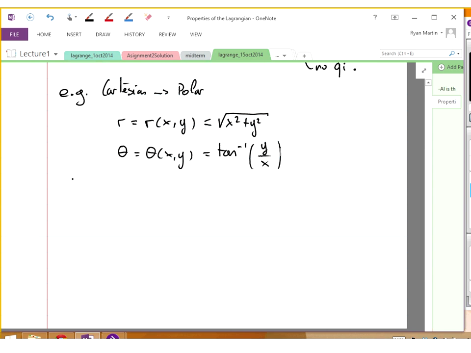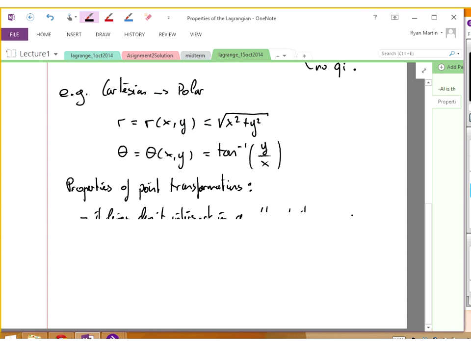And so some of the properties of point transformations: if lines don't intersect in the Q space, they don't intersect in the Q prime space.